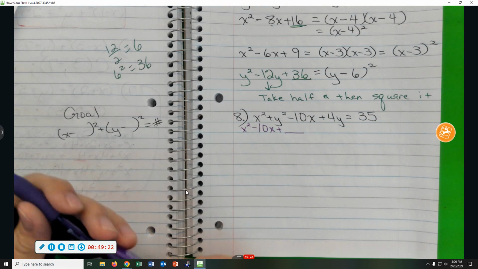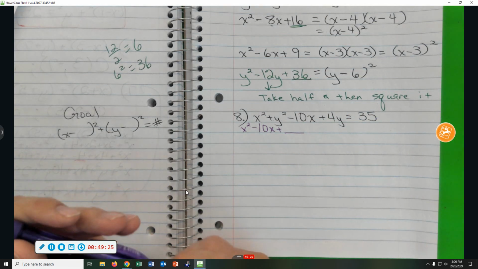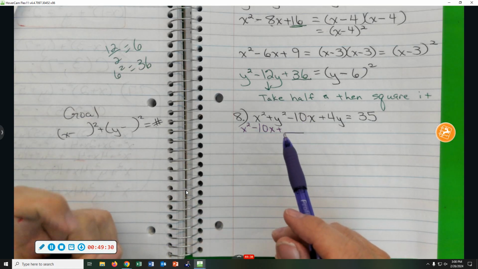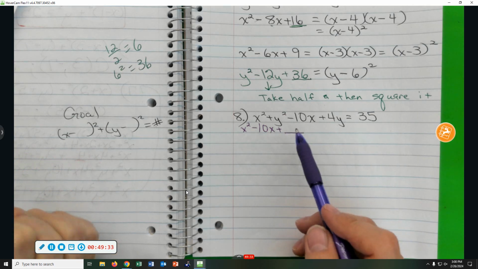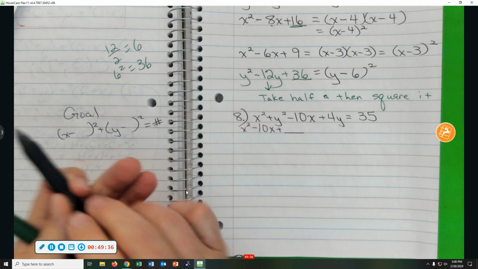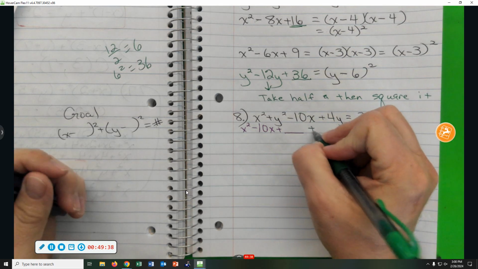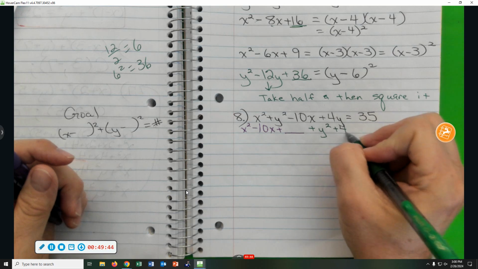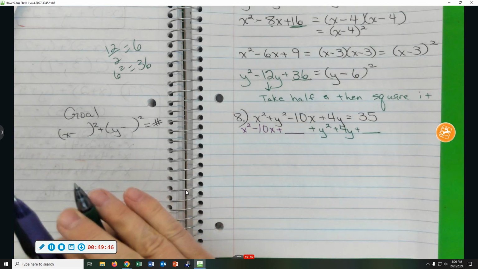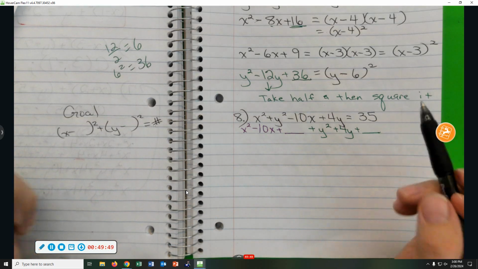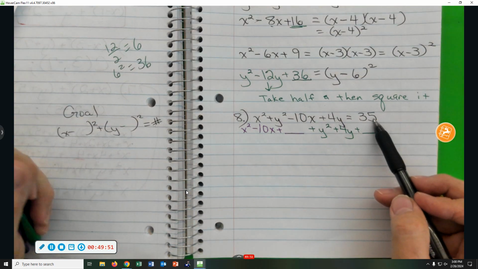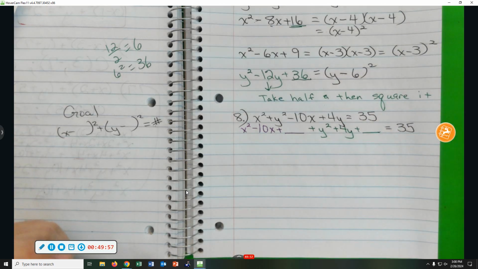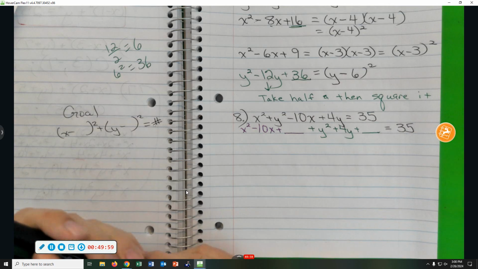Rewrite the equation by grouping the x terms together, skip some space, plus the y terms together. We have a y squared plus a 4y. Skip some space. And in this case, they want the constant on the right-hand side. This problem already has it on the right-hand side. So they did a nice thing for us there.